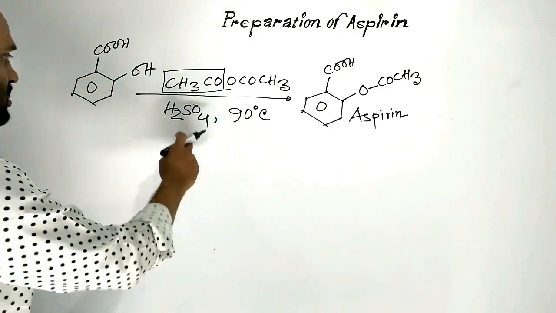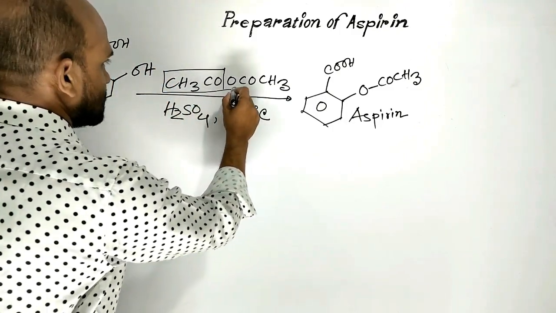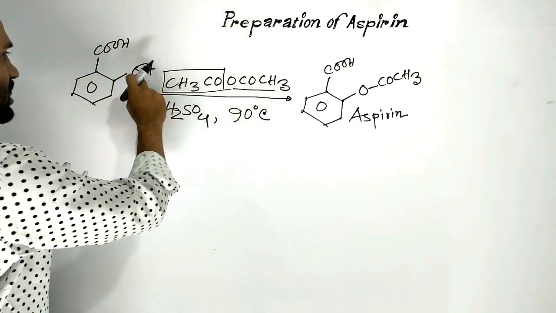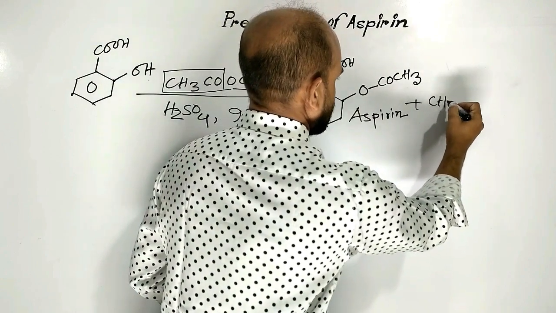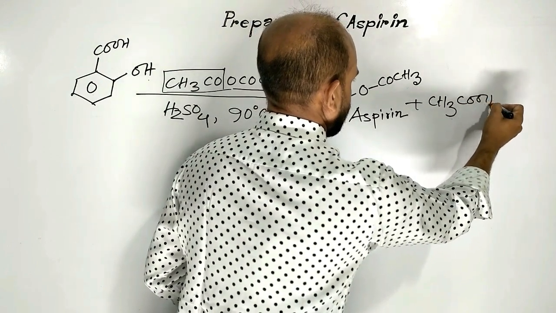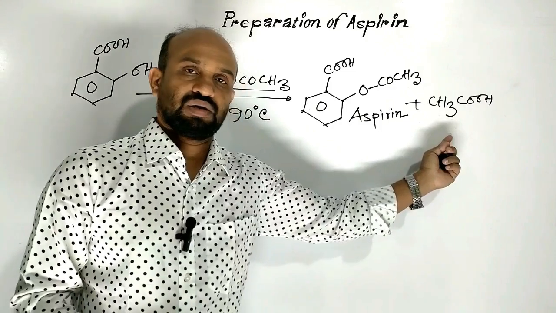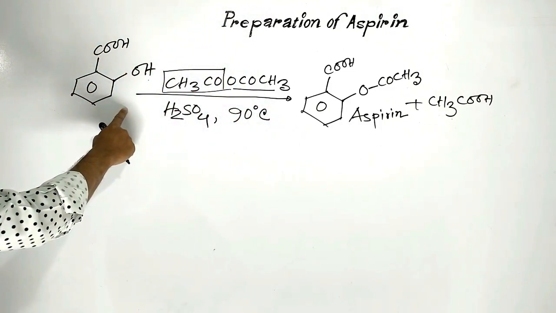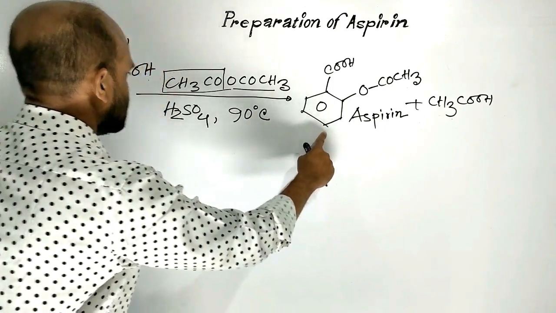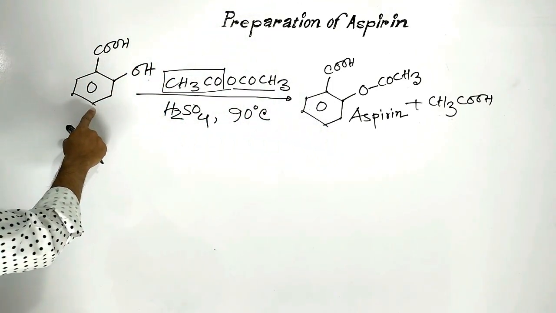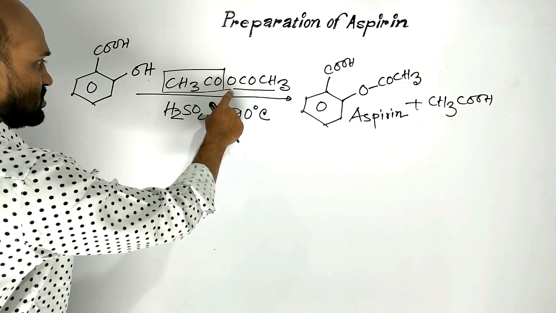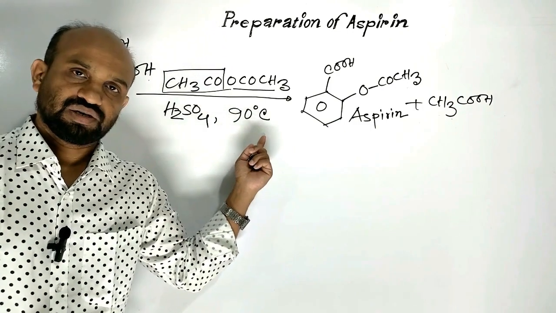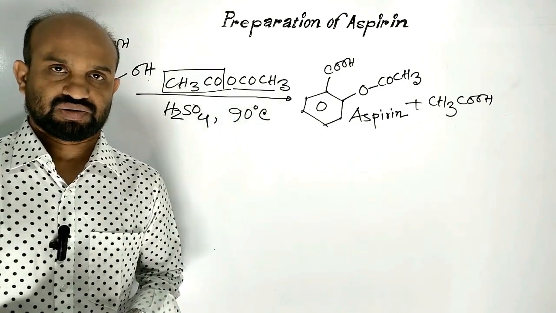Here, the byproduct is CH3COOH, that is acetic acid. Through this reaction, we can prepare aspirin from salicylic acid and acetic anhydride in presence of an acid catalyst, and the reaction is heated at 90 degrees Celsius temperature.